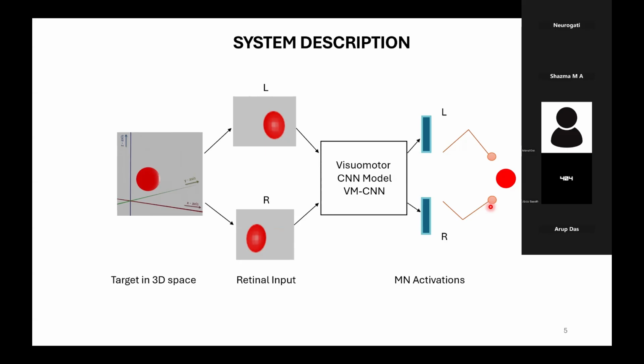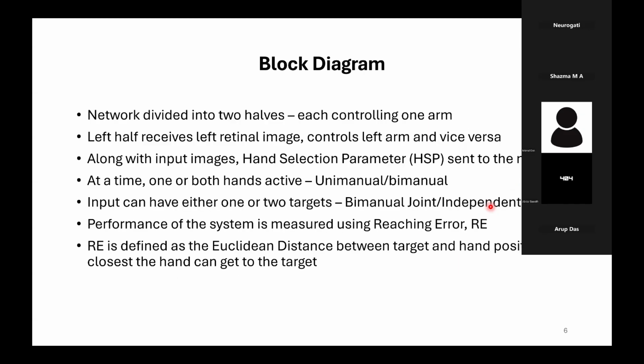Now, by introducing damage to this network, we can start simulating characteristics seen similar to a stroke in a patient. The network will be divided into two halves, one controlling each of the two arms.